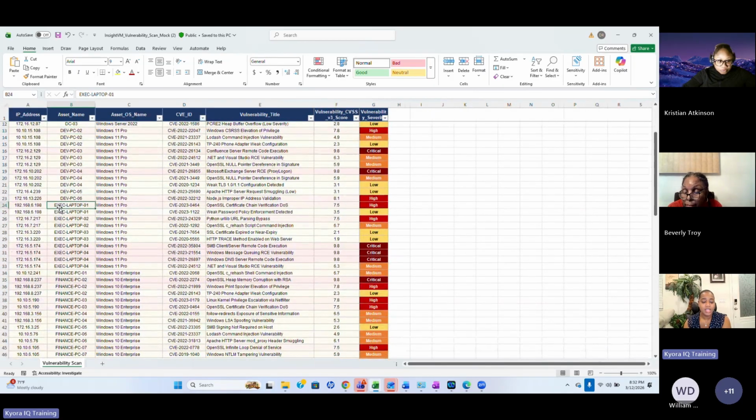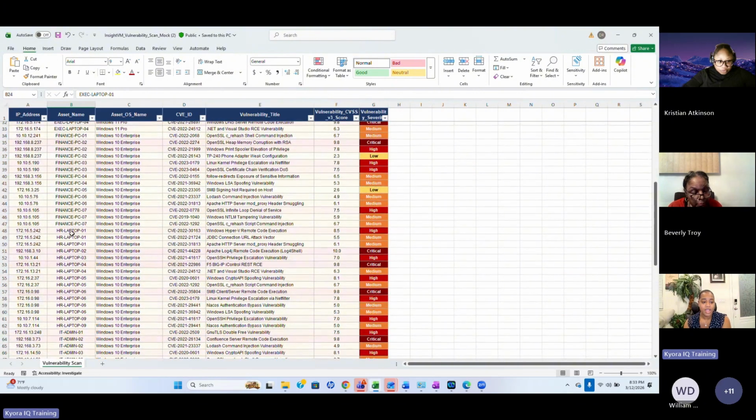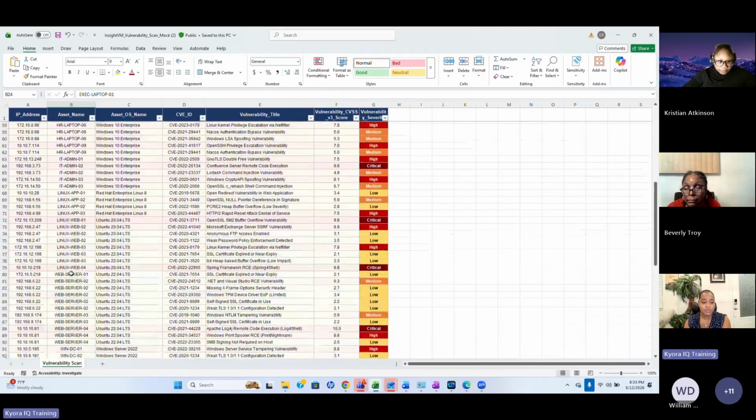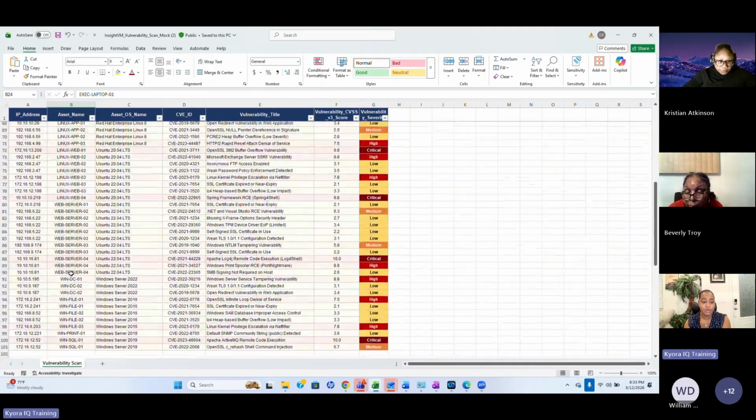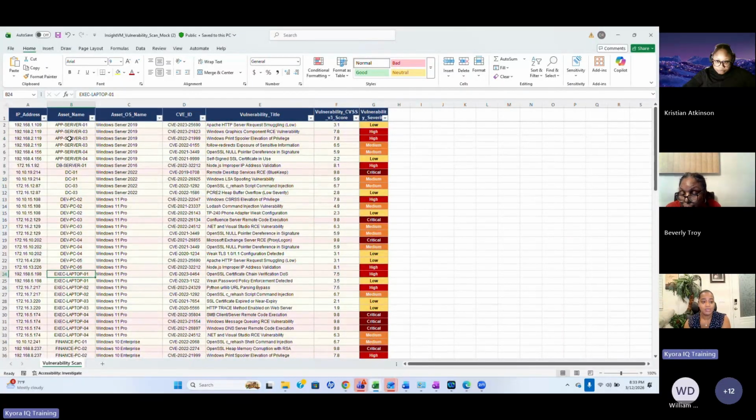Maybe the exec team uses this exec laptop. The finance team uses their assets, HR, and so on and so forth, right? So in a real environment, that's typically how they label the asset name, so they know who it belongs to, especially in a healthcare setting. You may see something like Epic server to identify which team it belongs to.